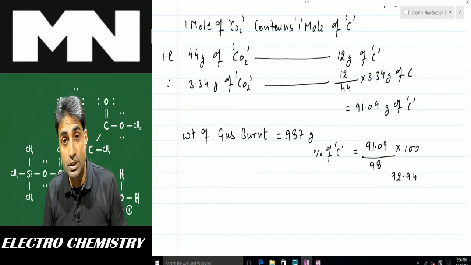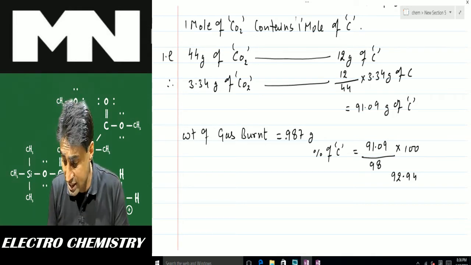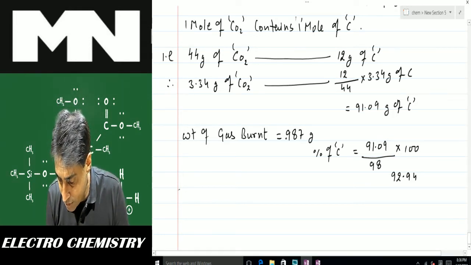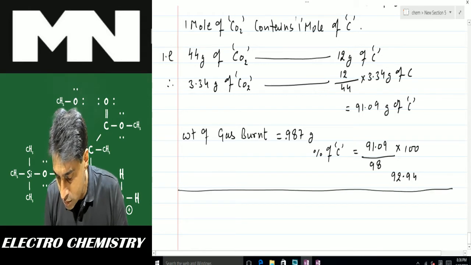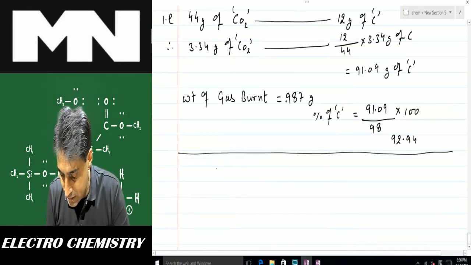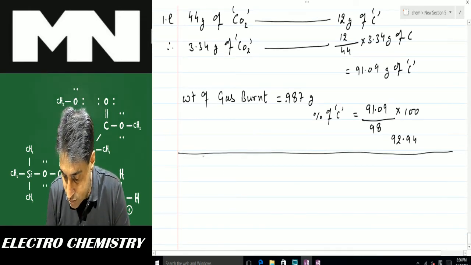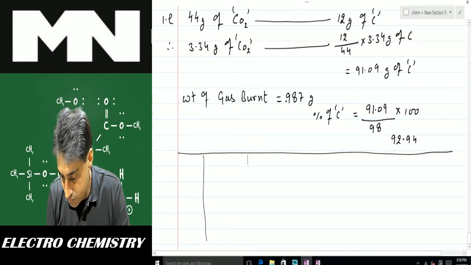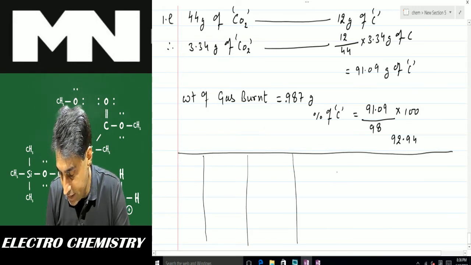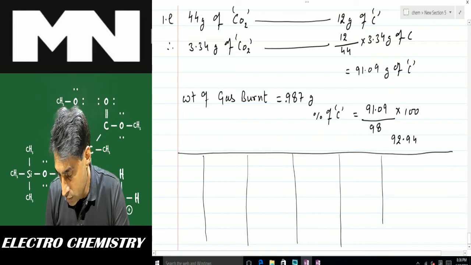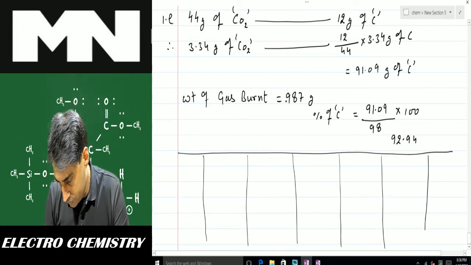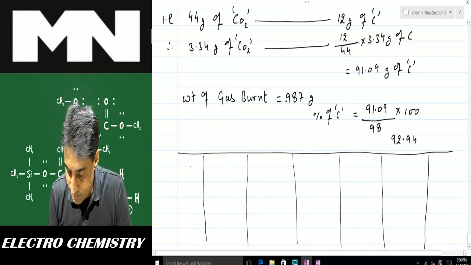We can use this data in the same table which I taught you for empirical formula. So again, in that table, I'm marking the same columns. That is column number 1, and you have 2, 3, 4, 5, 6 and 7.